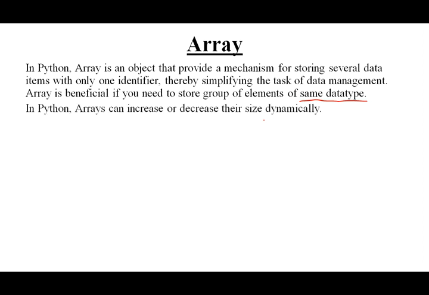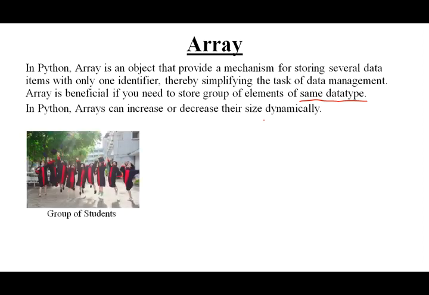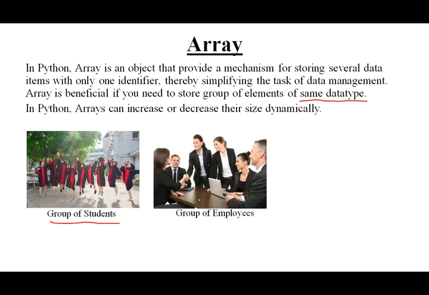In Python, an array can increase or decrease its size dynamically as per our requirement. You can see the example here: a group of students, all in the same uniform, same object. These can be called an array. A group of employees, all employees of the same company.